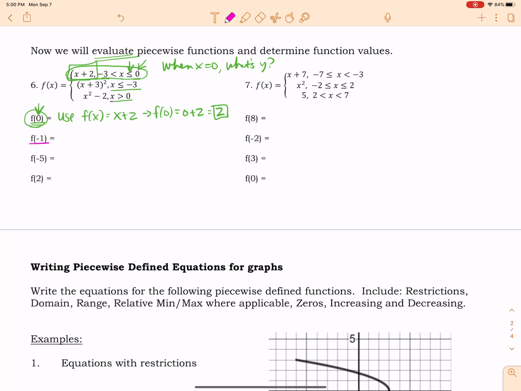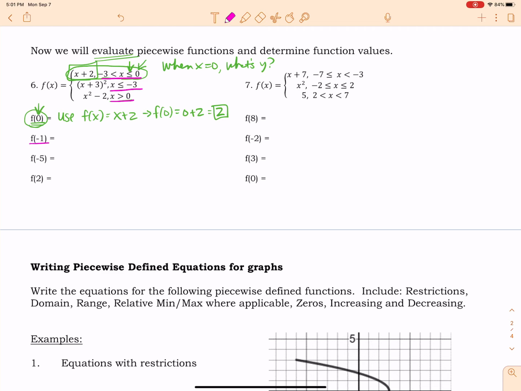This restriction right here, x is greater than 0. Well, -1's not greater than 0, so it's not going to be that function. My next one is x less than or equal to -3. Well, -1 is bigger than -3. It's closer to 0. That's not going to work. So let's look at this one, the same one we used last time. x less than or equal to 0, but greater than -3.